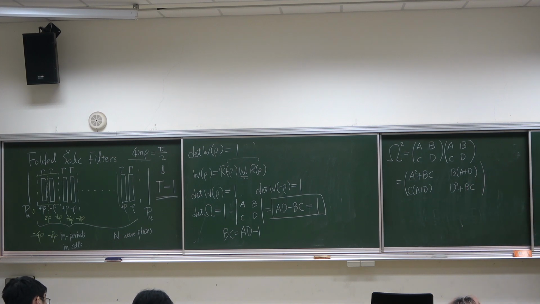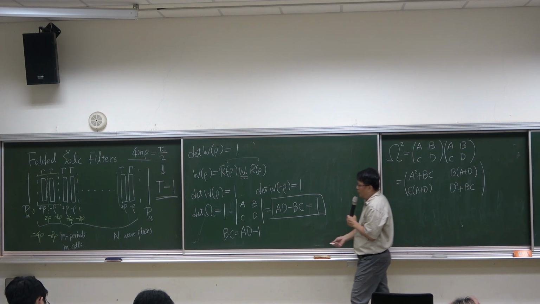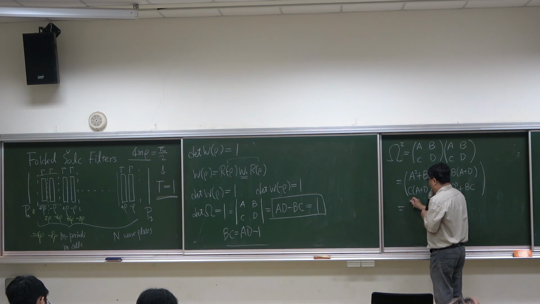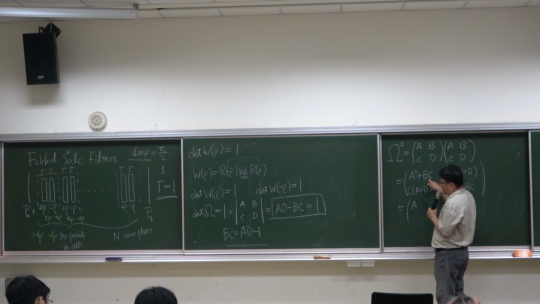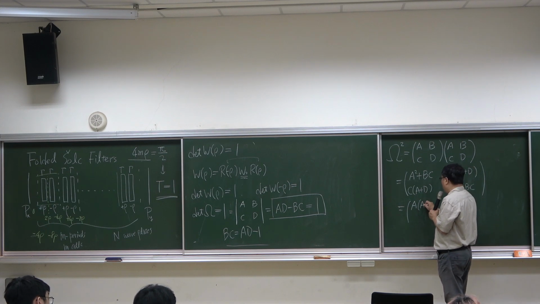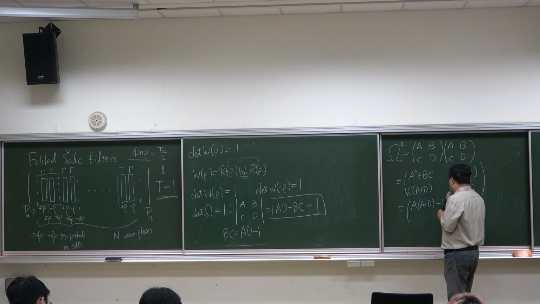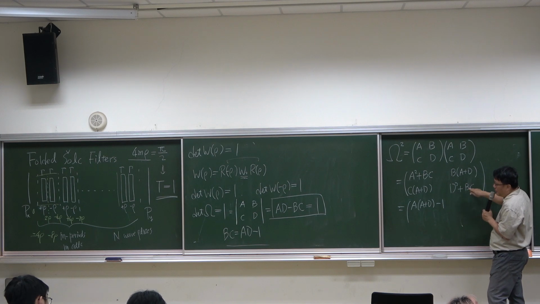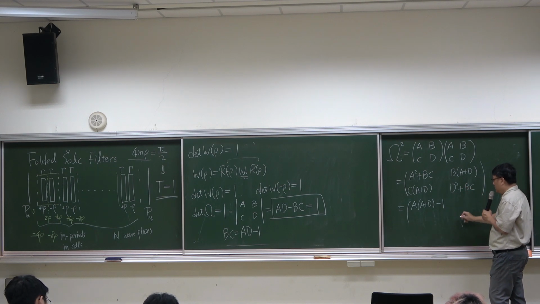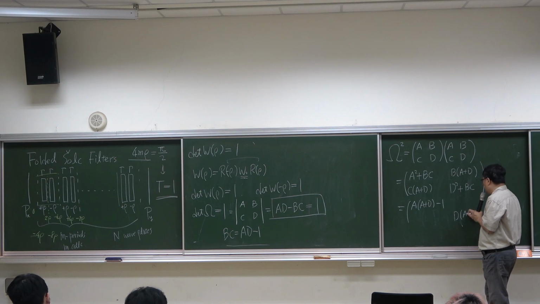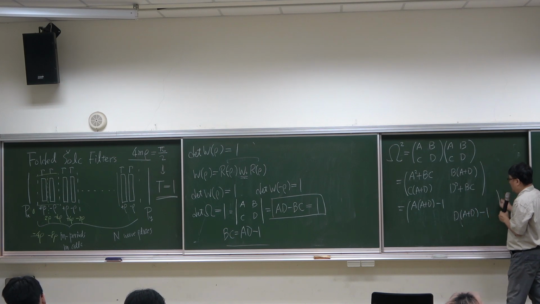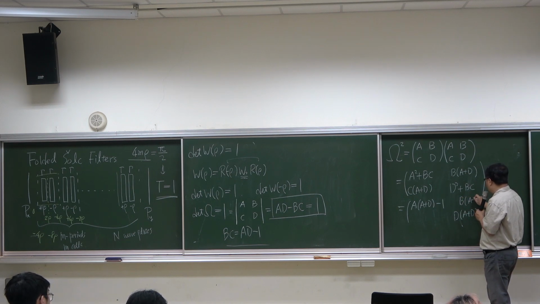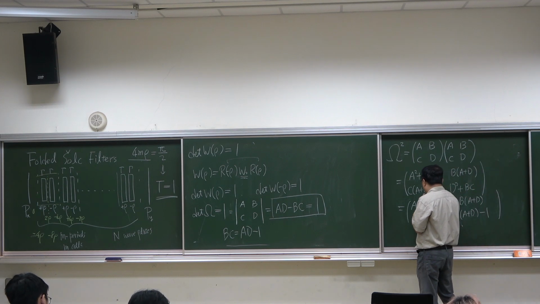Okay. However, BC is equal to AD minus 1. So we can write this as A squared plus AD, meaning A times A plus D, minus 1. D squared plus BC means D squared plus AD minus 1, so it is equal to D times A plus D minus 1. Okay? And this gives us B times A plus D, and this gives us C times A plus D.